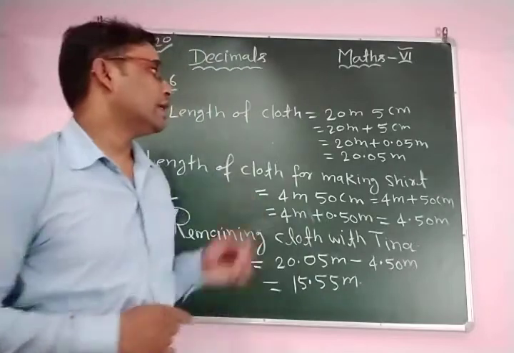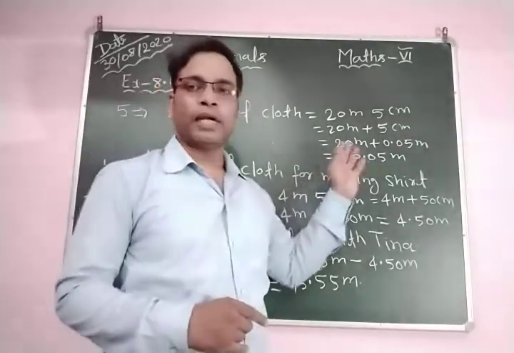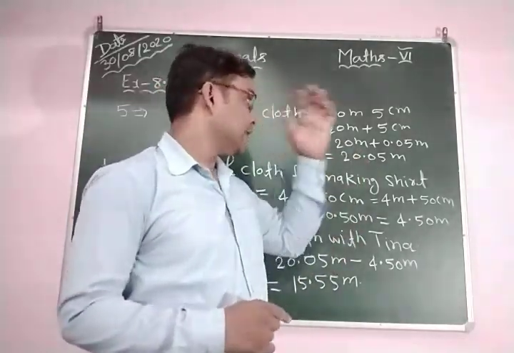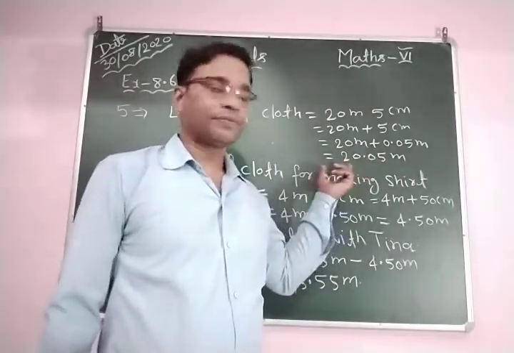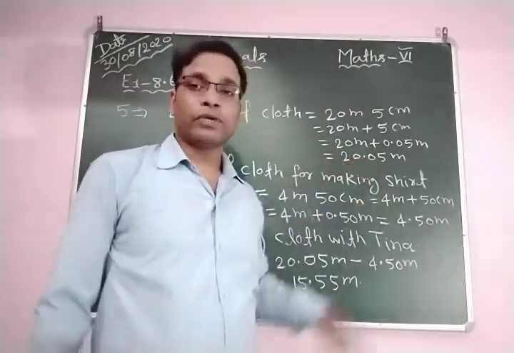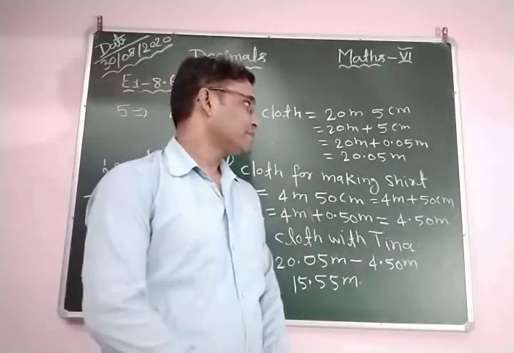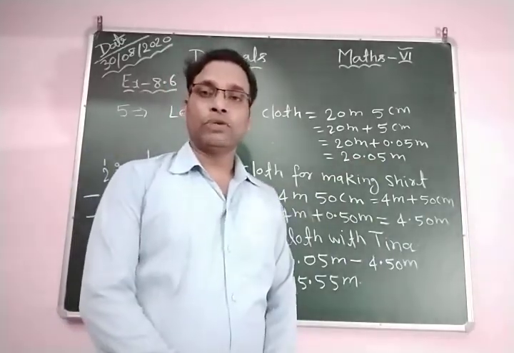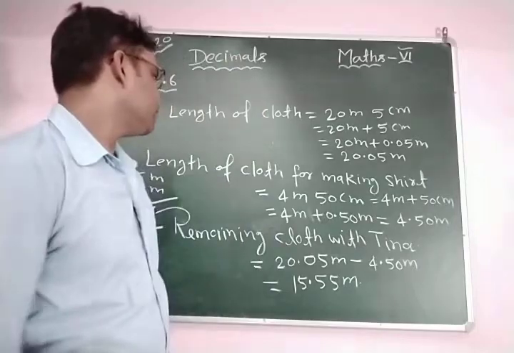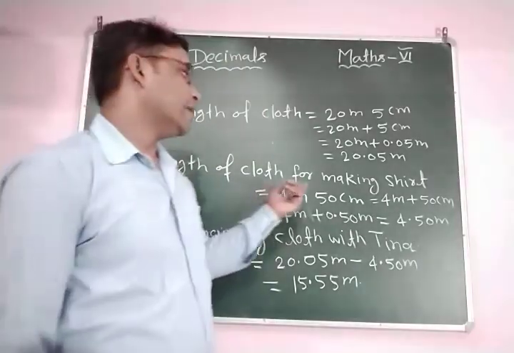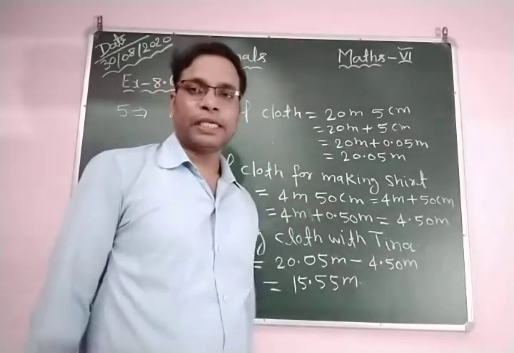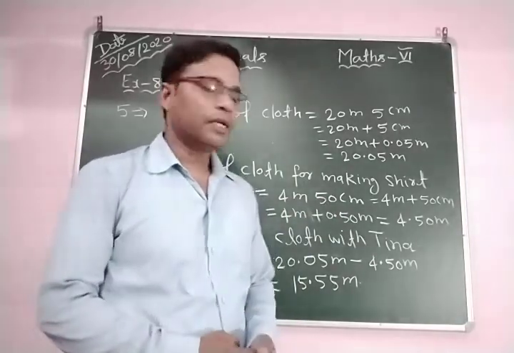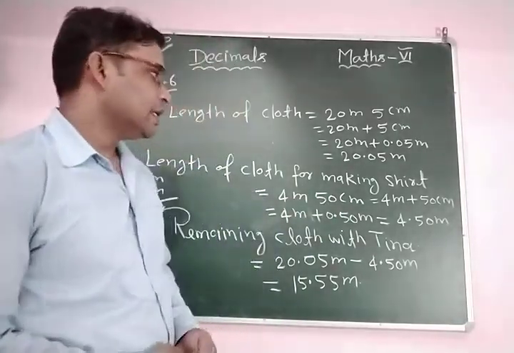The length of cloth is 20.05 meters. This is given in centimeters, but we converted to meters. So the total length of cloth is 20.05 meters, and the length of cloth for making the shirt is given as 4 meters 50 centimeters, and again we convert 4 meters 50 centimeters to meters.